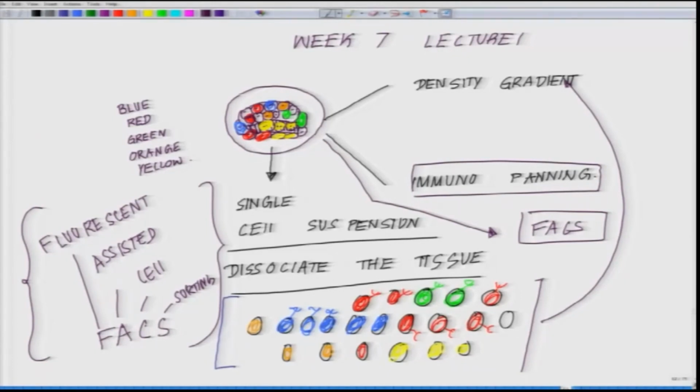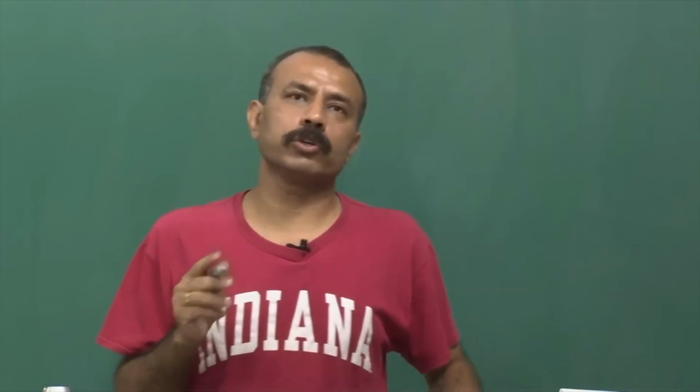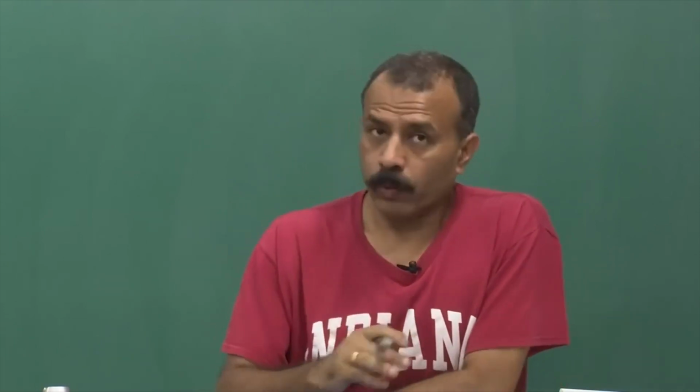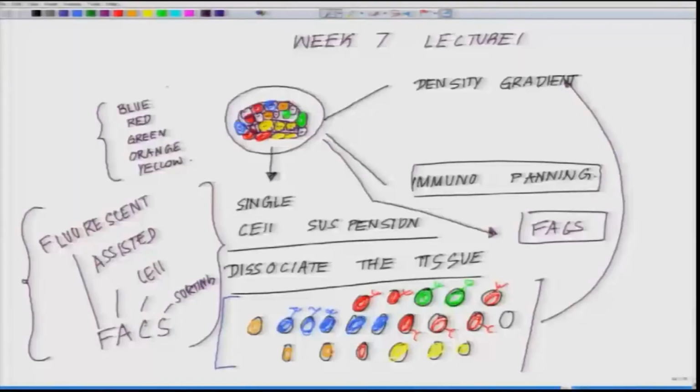Now, suppose you have these 5 different kinds of cells, and there are unique antibodies which could be bound on their surface. Now I label the different antibodies: antibody B, antibody R, antibody G, O prime, Y prime. This sign is saying that this is an antibody.